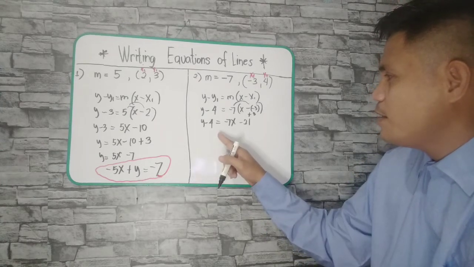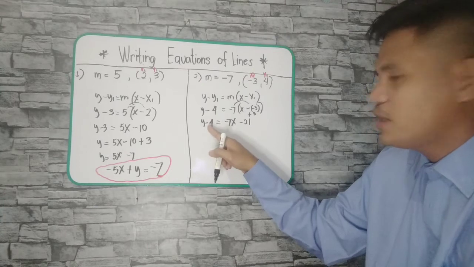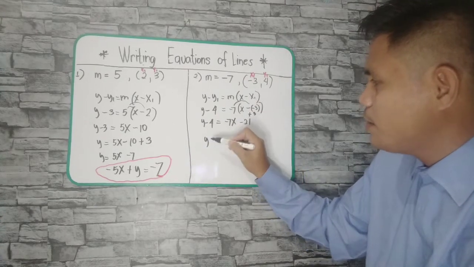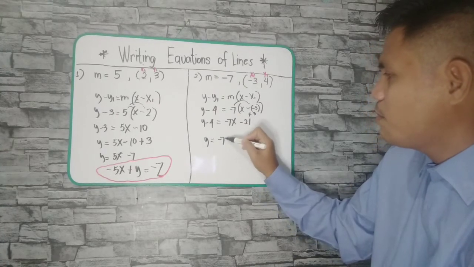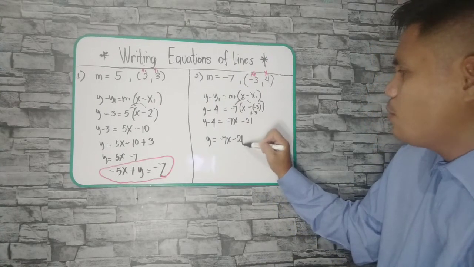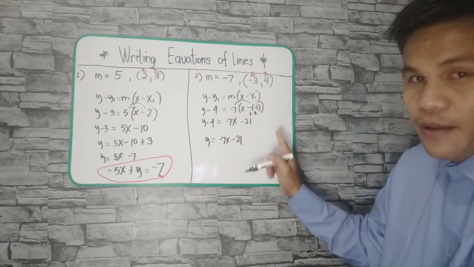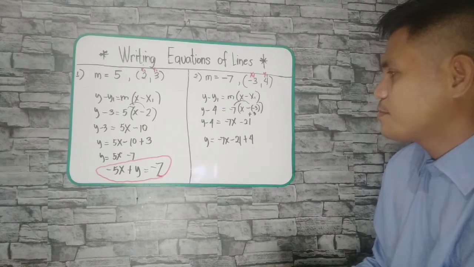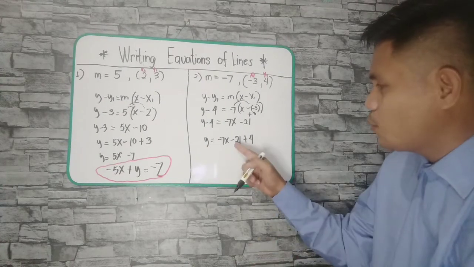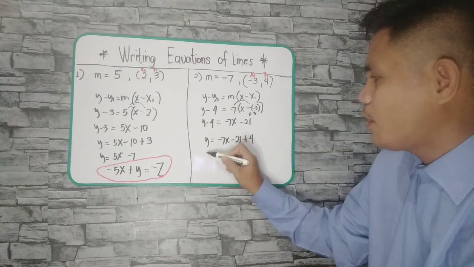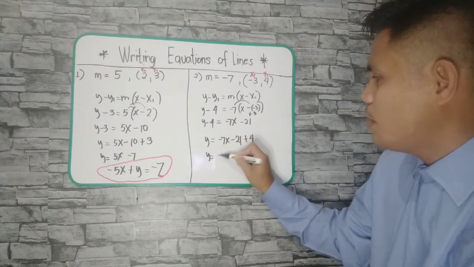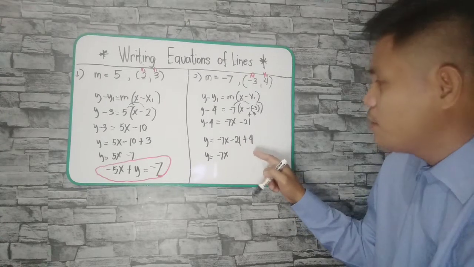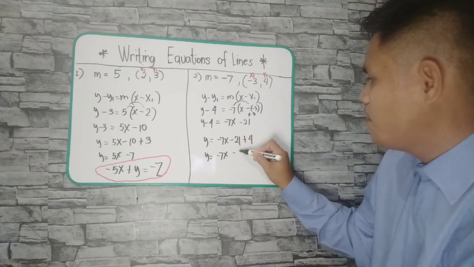So we're almost done. We have to transpose negative 4 from the left side to the right side. Just copy y is equal to negative 7x minus 21. This is negative 4, it will become positive 4. And then let's combine negative 21 and 4. y is equal to negative 7x, negative 21 plus 4 is negative 17.